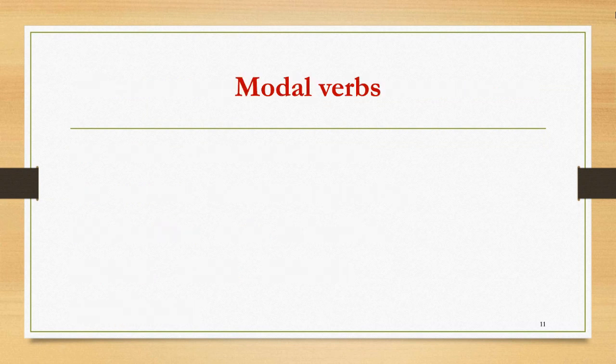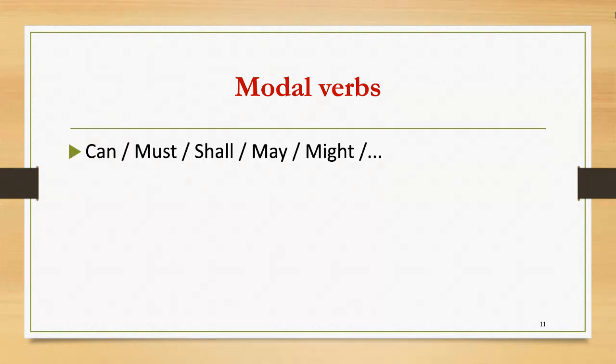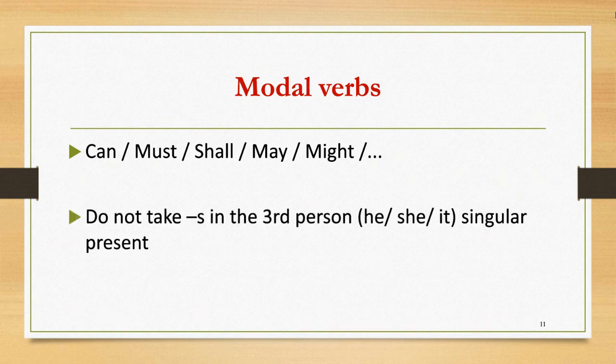For modal verbs such as can, must, shall, may, might, etc., with these verbs, we don't change the verb. We don't add an S in the third person in the simple present tense. These verbs don't take an ending at all.